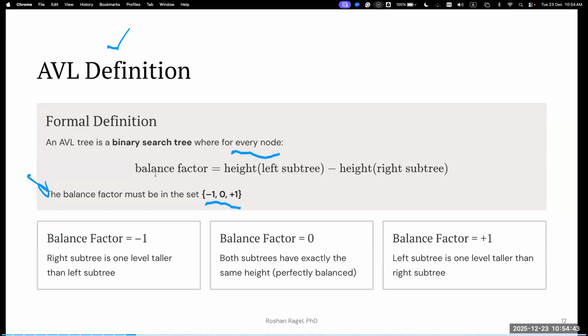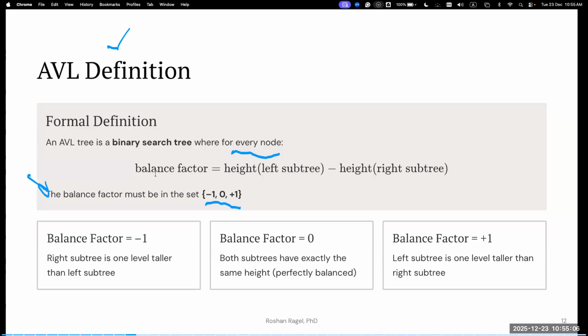So every node has to satisfy the balance factor. Obviously, it also has to satisfy the binary search tree properties: two children maximum, left subtree elements smaller than the node, and right subtree elements larger than the node. Those come from the BST.